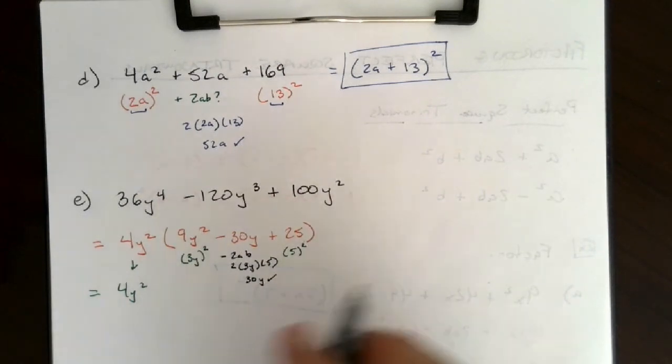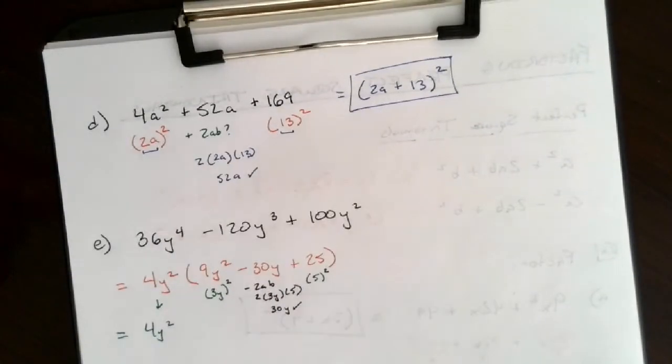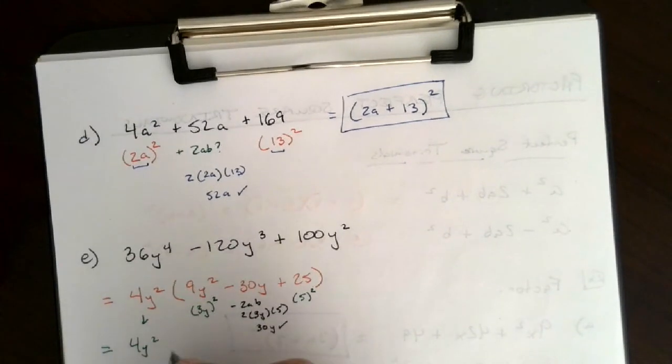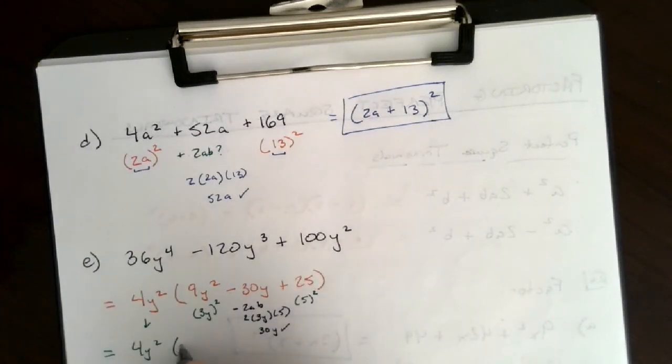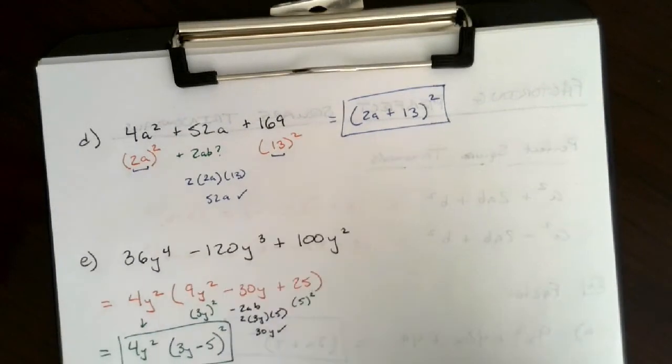So then we go to write this as our factor. It's 4y squared times, and now remember, I'm taking whatever's in the parentheses here and I'm factoring this. So it's always a, which is the 3y, and then since this is a minus, it'll stay minus, and then whatever b is, which is 5, and then it's that quantity squared. And that's how this would factor down.